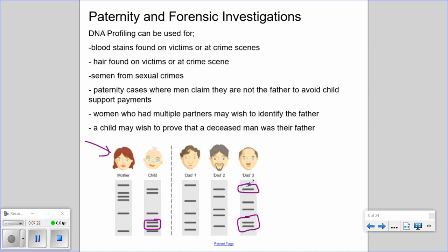Dad number 3 also has a larger fragment that's also found in the DNA banding pattern of the child. We do not see these similar banding patterns from dad 1 or dad 2. So in this case, dad 3 is the most likely father of this child by using this technique of DNA profiling.